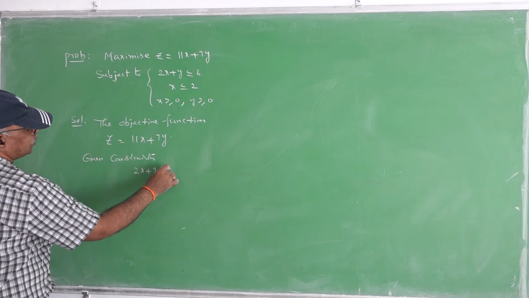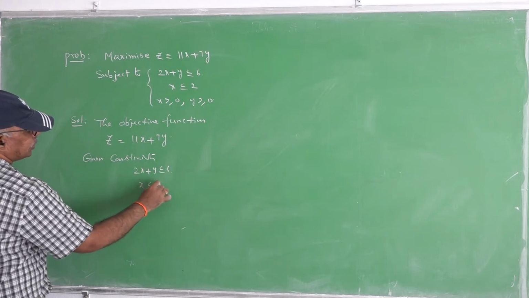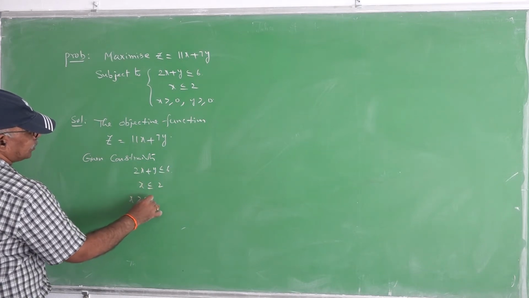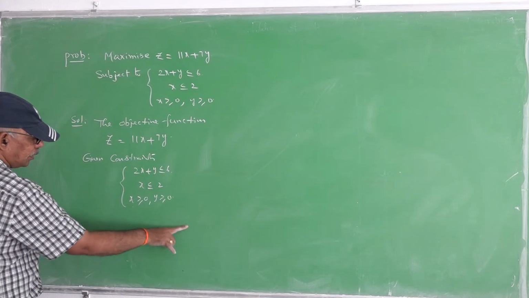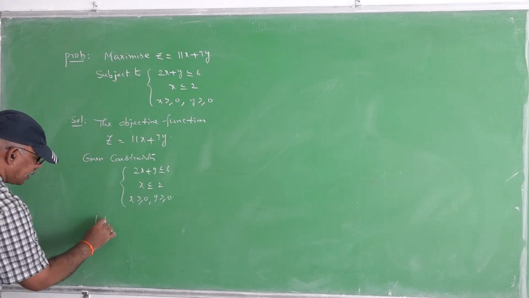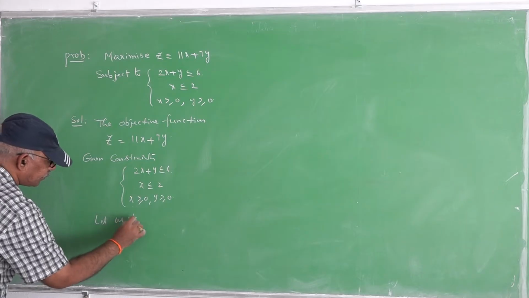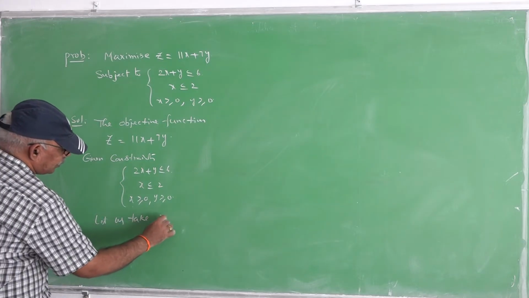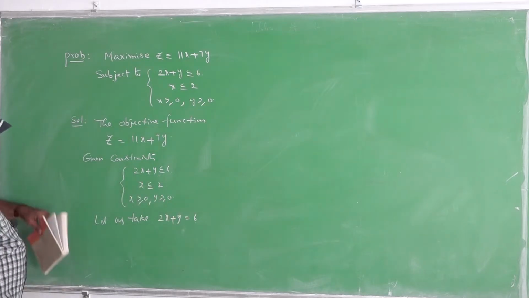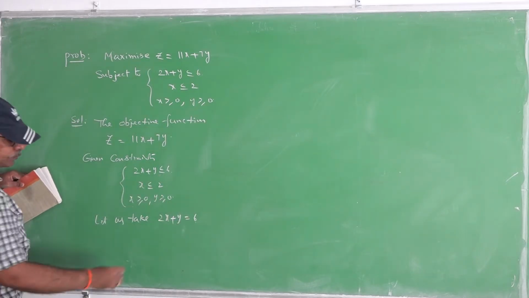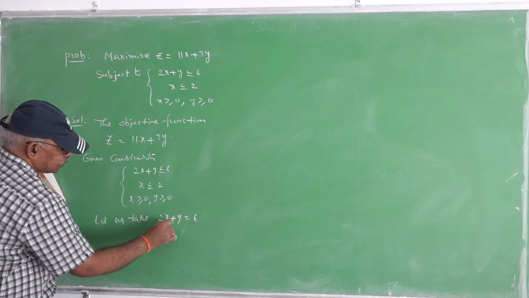2x plus y less than or equal to 6, x less than or equal to 2, x greater than or equal to 0, y greater than or equal to 0. Let us take the line 2x plus y equal to 6. Instead of inequality, I am taking equality here to draw that line.